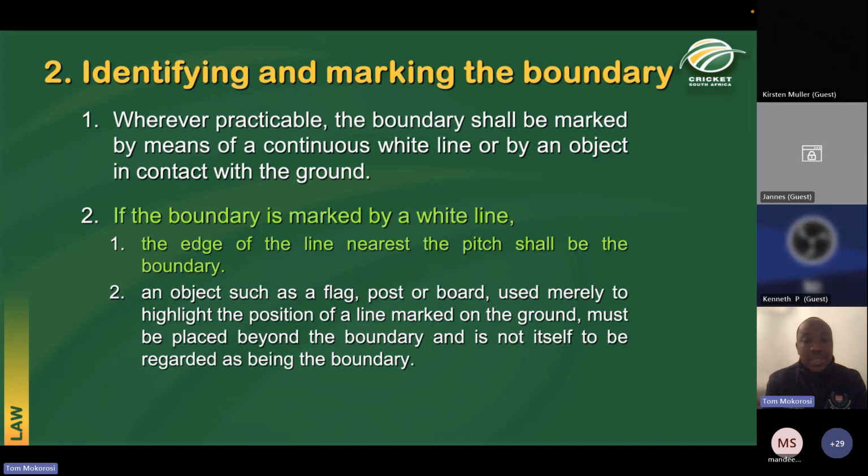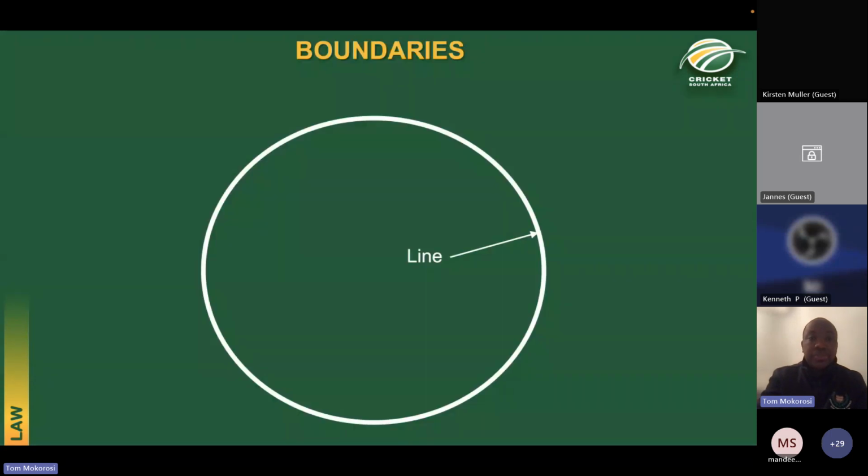This is something completely different that is just an indicator to the umpires as to where the boundary is. And again, we'll have some pictures to illustrate these points. As mentioned, the inside edge of the line is the boundary.